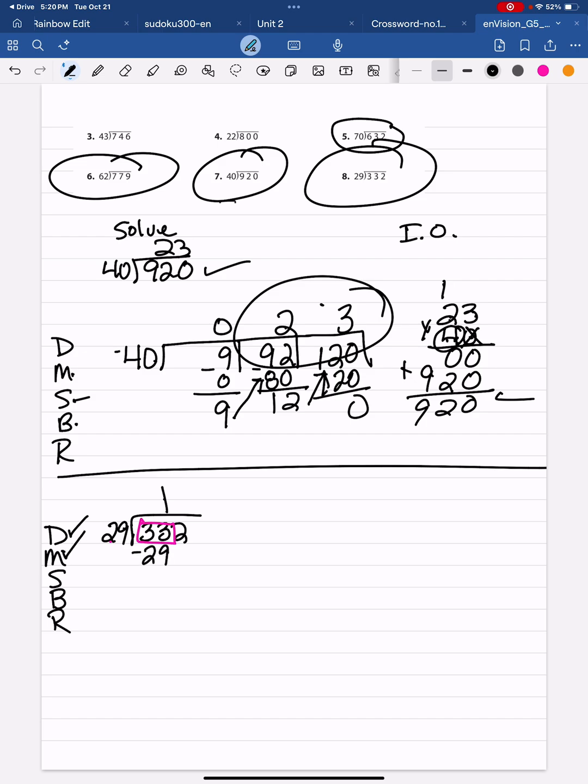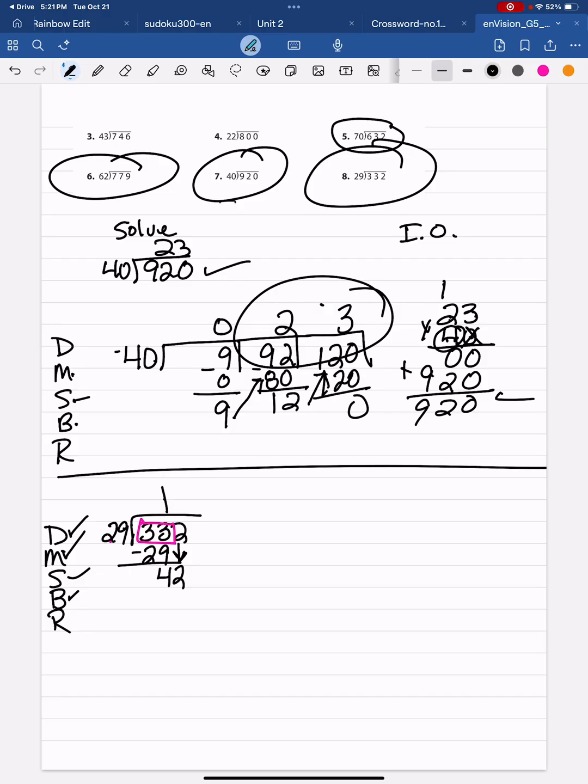Now we subtract the difference of 33 and 29, which is 4. Now we bring down. Draw the arrows under there so you know where you're at. We're bringing that 2 down to meet the 4. And there you have it, 42.